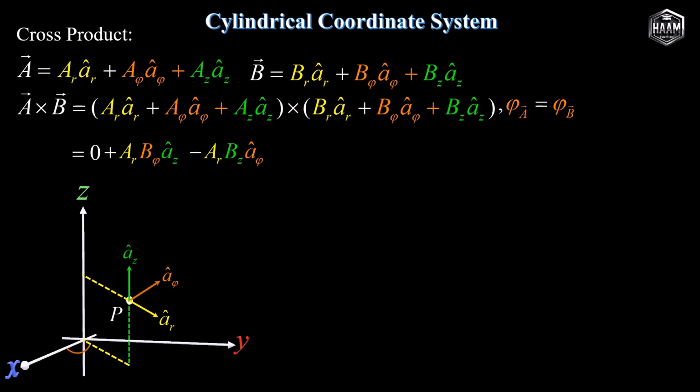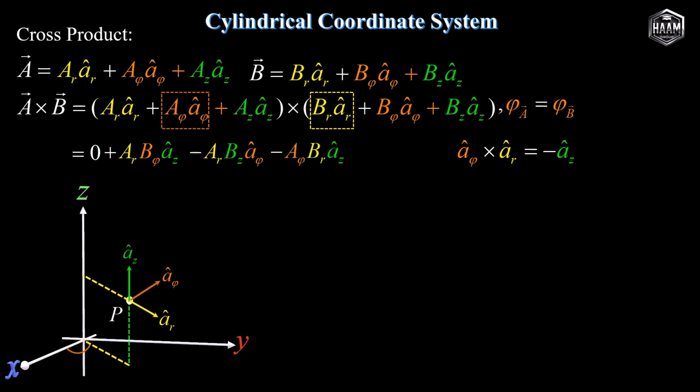For the fourth term, involving the cross product of unit vector A hat sub phi with unit vector A hat sub r, applying the anti-commutative property of the cross product indicates that since unit vector A hat sub r cross unit vector A hat sub phi equals unit vector A hat sub z, reversing the order yields negative unit vector A hat sub z without needing the right-hand rule.